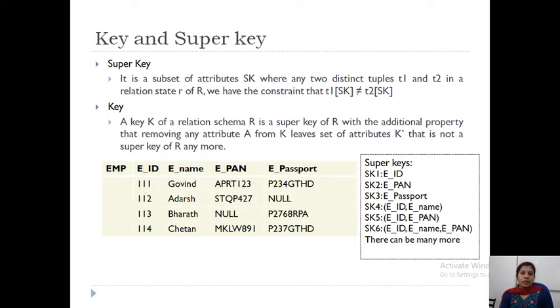Suppose you have one more employee who doesn't have a passport. Then what will you store? You will store the null value for that tuple, correct? For that employee, you will put a null value for the passport field. Now, can I get the unique tuple in that case?